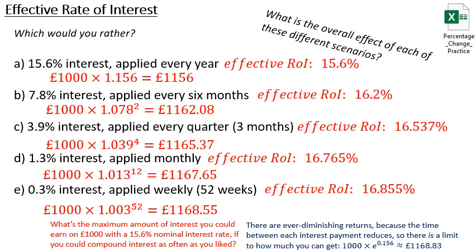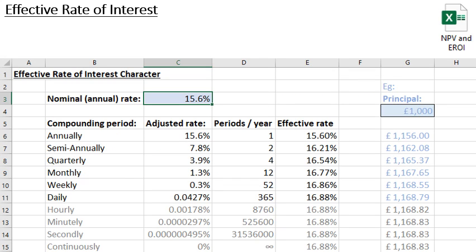If you need more practice with percentages in general, there's a percentage change practice spreadsheet that you can find on LearnZone. There is also an effective rate of interest spreadsheet. It's bundled with the net present value spreadsheet, which we'll get to in a later lesson. But the effective rate of interest spreadsheet allows you to mess with the nominal annual interest rate.